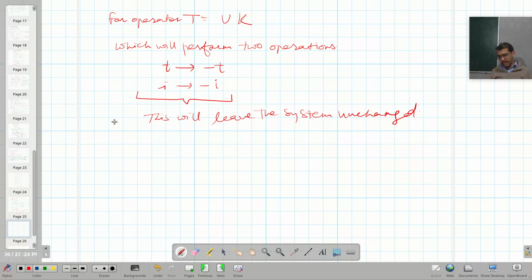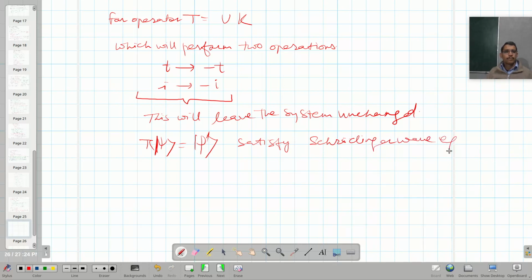And also we have noticed that T psi is equal to, as we have stated earlier, psi prime, and it satisfies the Schrodinger wave equation.